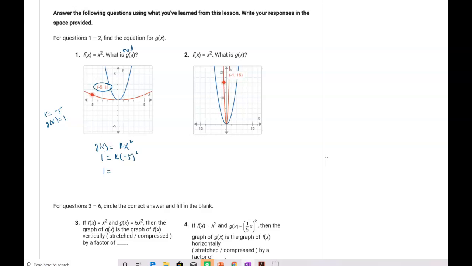That's going to give me 1 equals 25k, because -5 squared is 25. So what is the value of k? When I divide by 25, I get k equals 1 over 25. So g of x in this case would be 1 over 25 x squared.